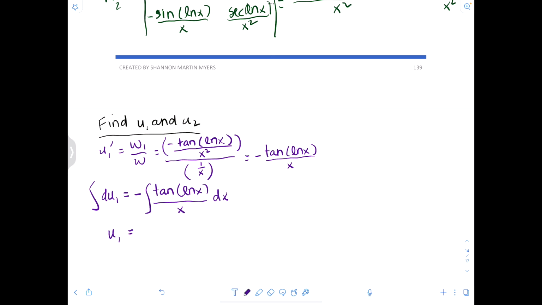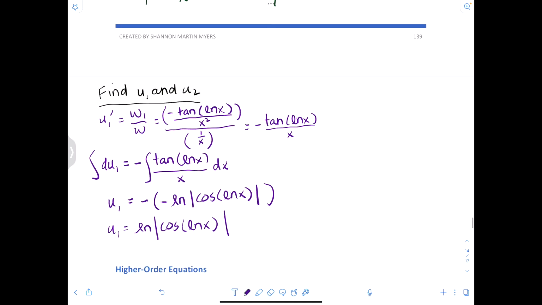We'll just get u1 is equal to negative natural log absolute cosine of natural log of x, and the negatives will go away and we'll have natural log absolute cosine of natural log of x.